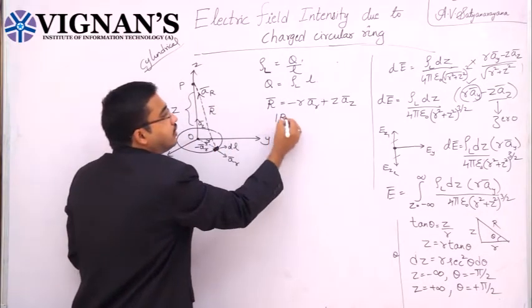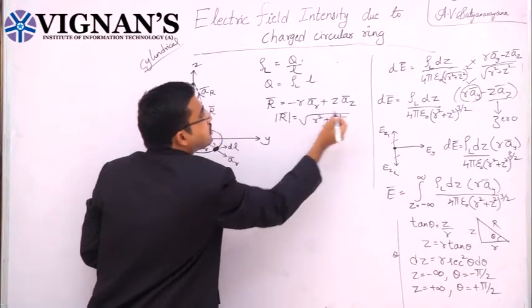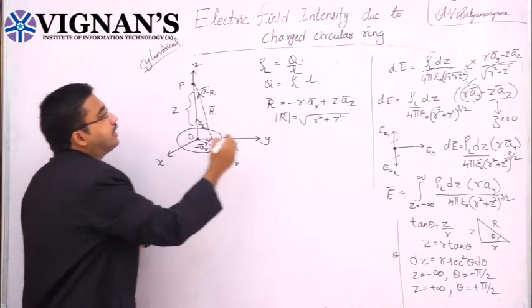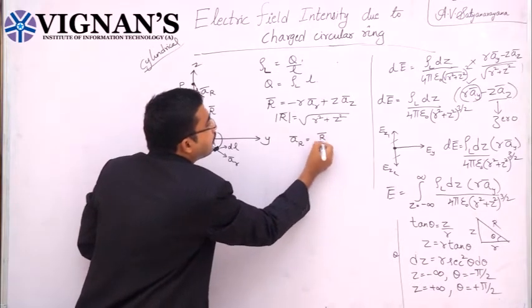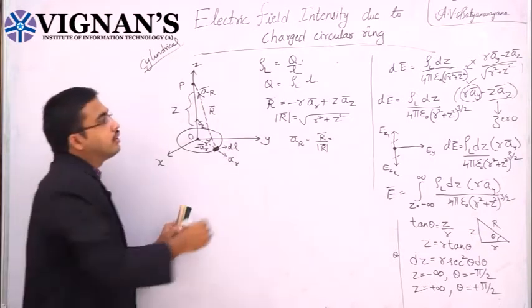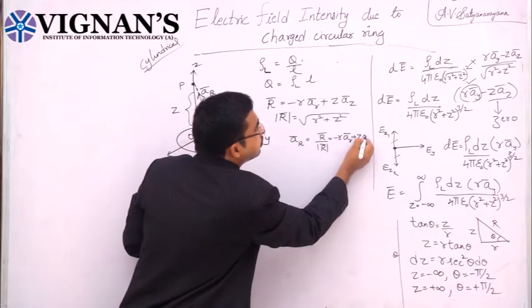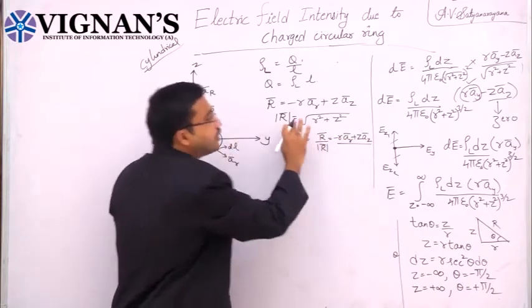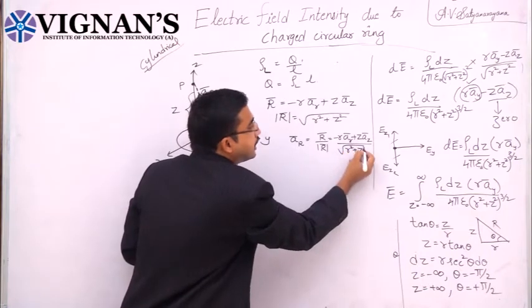What is the magnitude of this distance vector? Root over r square plus z square. Now the unit vector aR bar equals R bar by mod R bar, which is equal to minus r into ar bar plus z into az bar, divided by mod R, where mod R is root over r square plus z square.